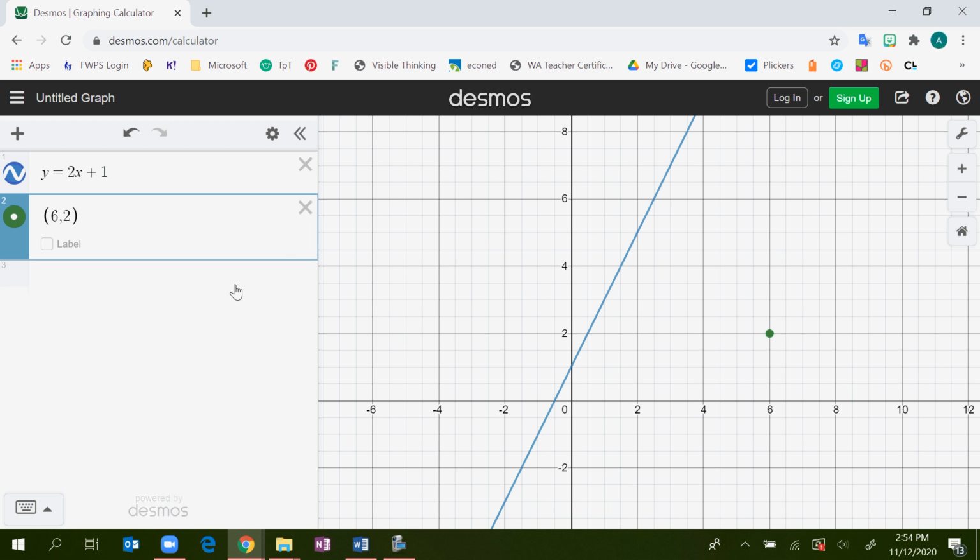Now, one of the things that we know about perpendicular lines is that the slope has to be the opposite sign and the reciprocal. Okay? So let's start off with that. We know that my new equation has to be in the form of y equals -1/2 x.